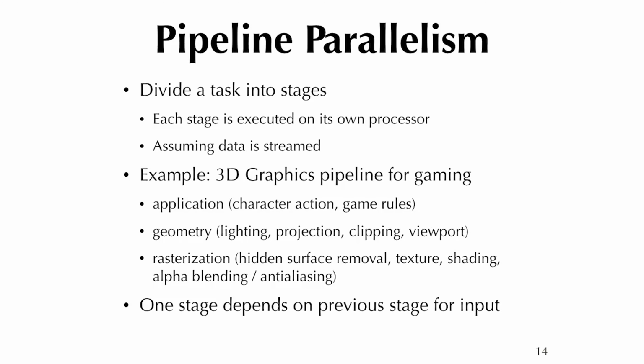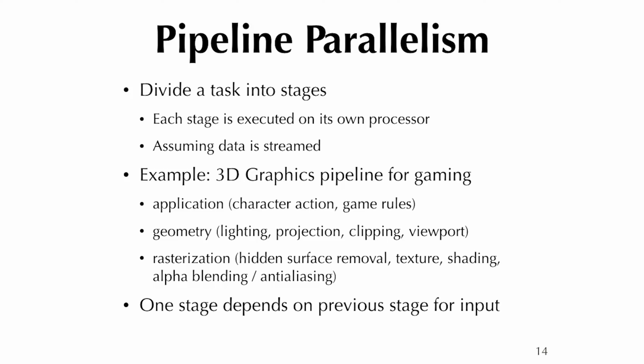Now, there's also pipeline parallelism. The book doesn't really say this, but this is really somewhere in between task and data parallelism, in the sense that you divide a task into stages, like an assembly line, which you know from your architecture class, supposedly. You take a stream of things coming in and divide them into these stages. Each stage does its part, sends to the next stage, and so on, so that all the different stages can carry on in the steady state.